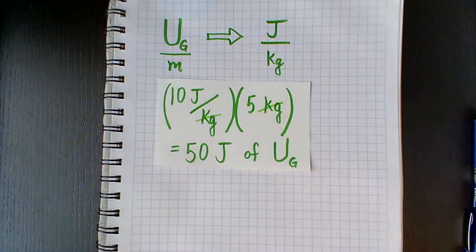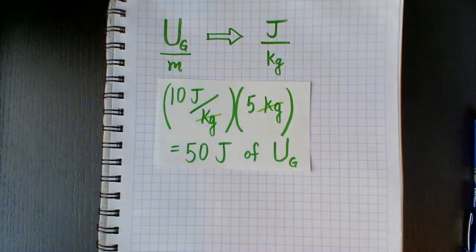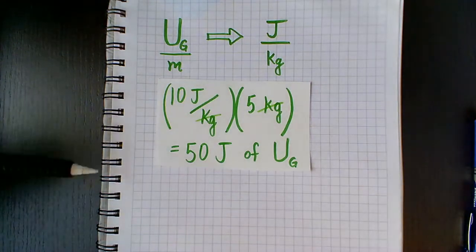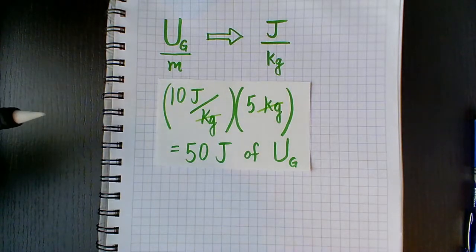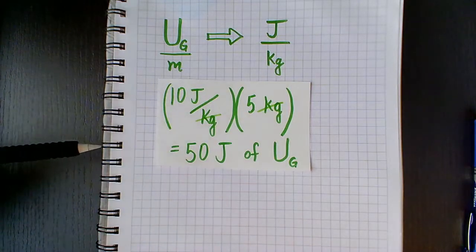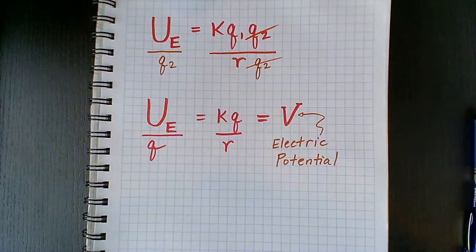Well, it's got 50 joules of gravitational potential energy. Now, it's not really done, this way of calculating or thinking about potential energy or mass potential, but it could be done. If you knew that it had 10 joules per kilogram of potential at that particular location, then you'd know that it had 50 joules of gravitational potential energy.